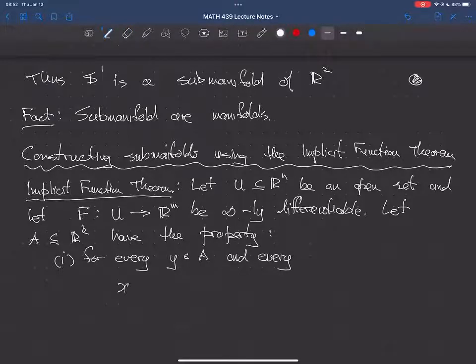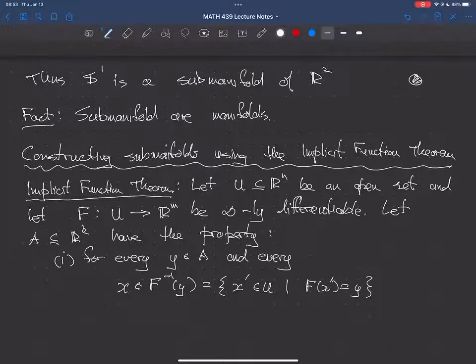That's F inverse, but that doesn't mean that F is invertible. The preimage is by definition the set of all X primes in U such that F of X prime is equal to Y. Okay, so that's what the preimage of Y is.